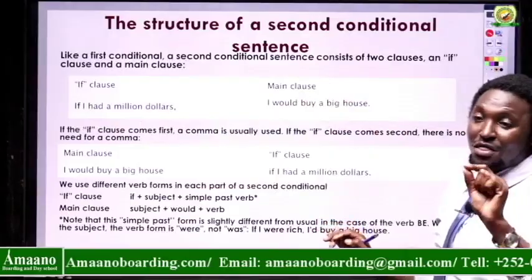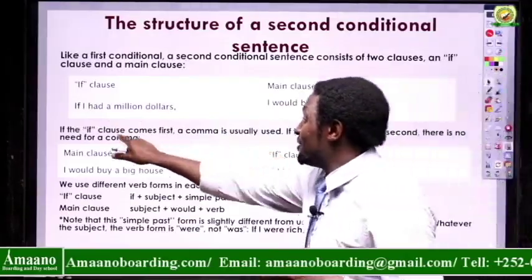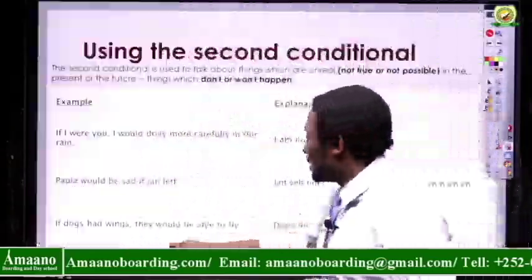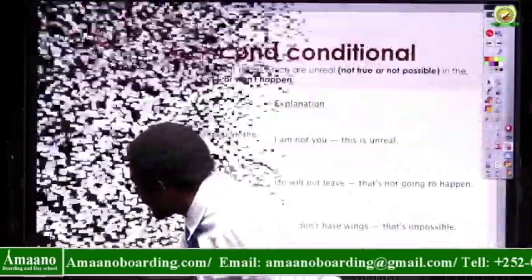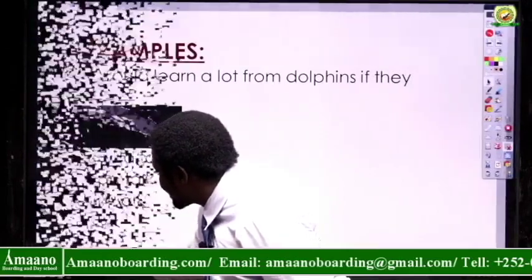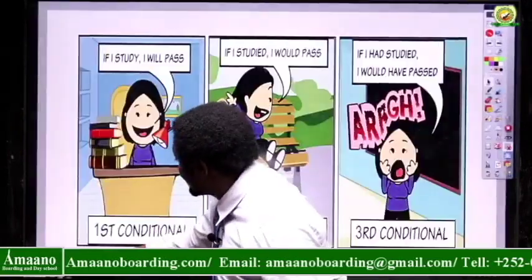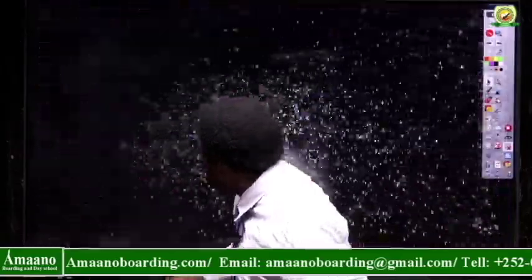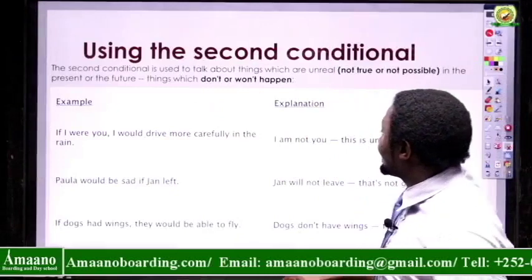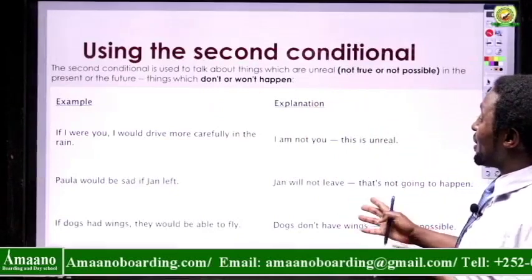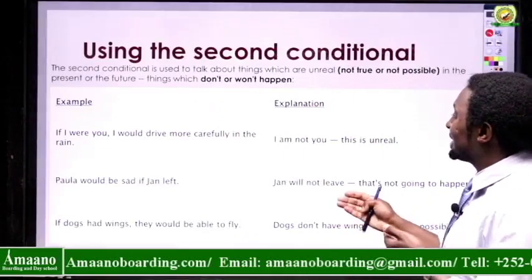Now remember one thing important: if the if clause begins the sentence, there must be a comma before the next clause. Let's go back. If I were you, I will drive more carefully in the rain.